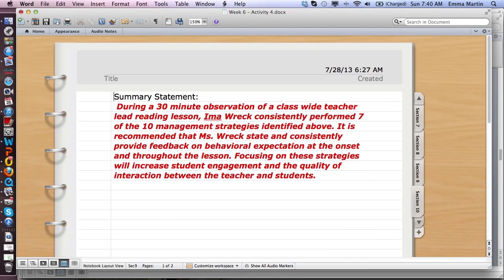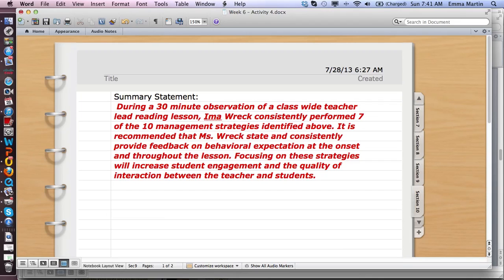Okay, so here's what I have. During the 30-minute observation of a class-wide teacher-led reading lesson, she consistently performed 7 of the 10 management strategies.